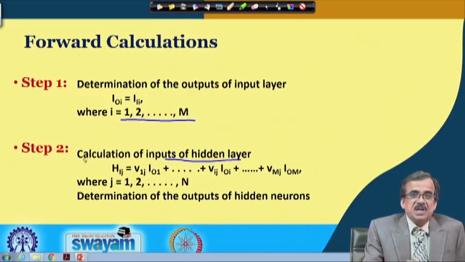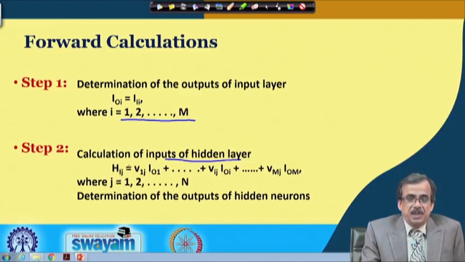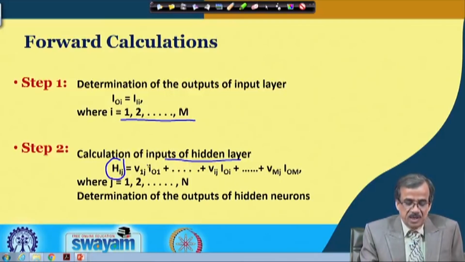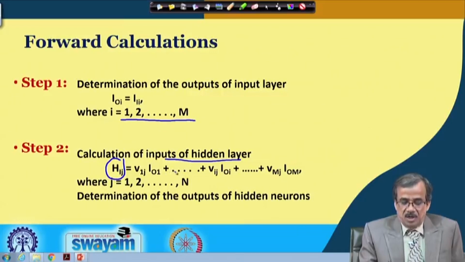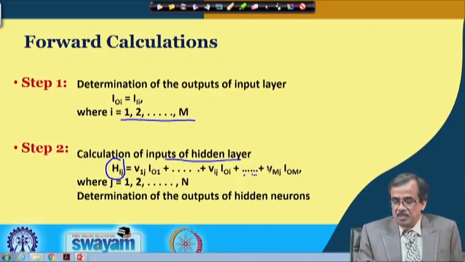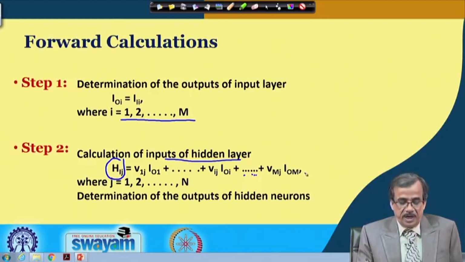So, step 2: the input of the hidden layer, H_Ij, the input of the jth neuron lying on the hidden layer, is V1j multiplied by I_O1, plus a few terms, the middle term being Vij multiplied by I_Oi, plus dot dot dot, plus the last term Vmj multiplied by I_Om.